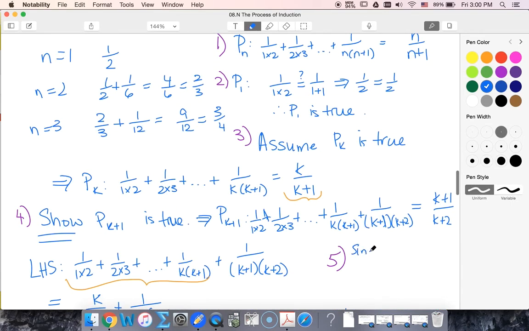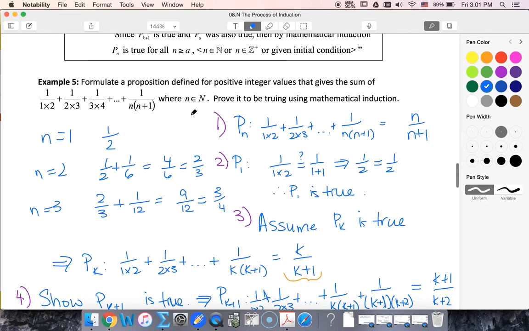So since P sub k plus 1 is true, and P sub 1 is true, by induction, P sub n is true for n element of natural numbers. In this case, I picked what fit for my situation, which was n element of naturals. So you'll pick what fits your given initial condition.